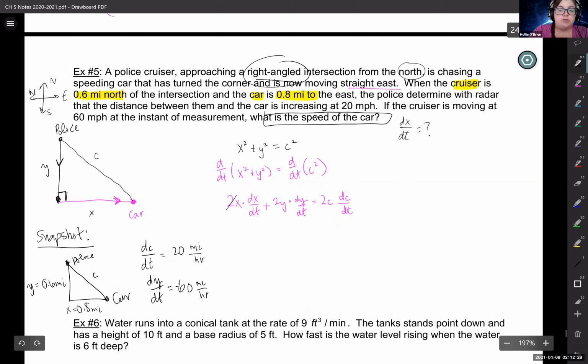All the 2's cancel out because I can just divide every single term by 2. So I'm just rewriting my line without the 2's. Now this is not necessary, it just makes it a little easier to look at.